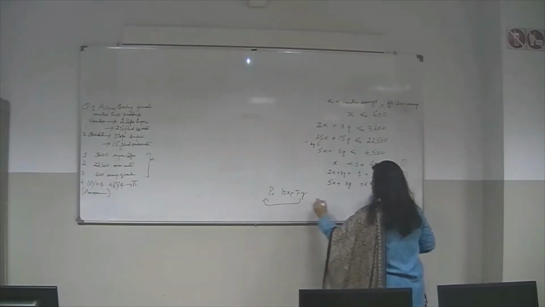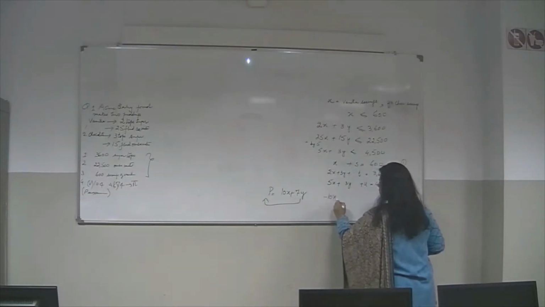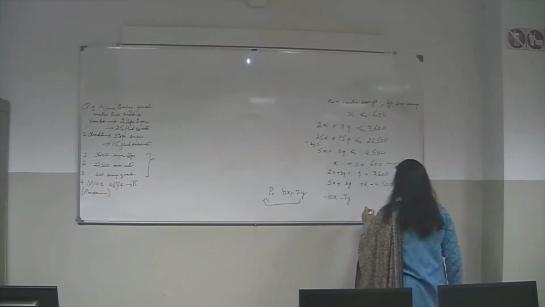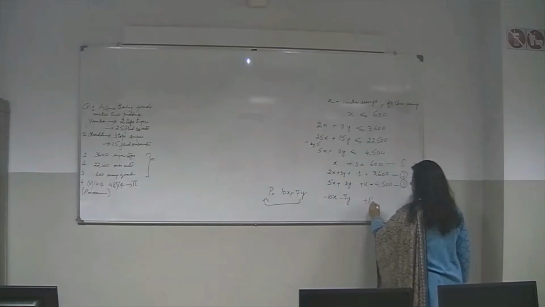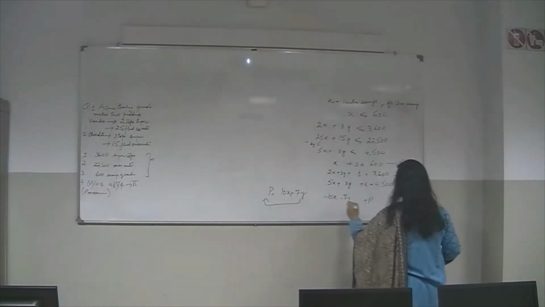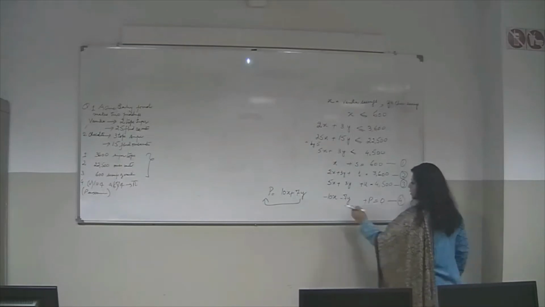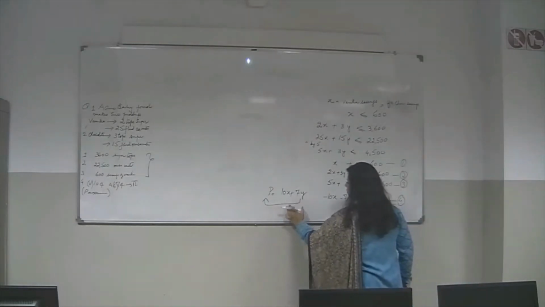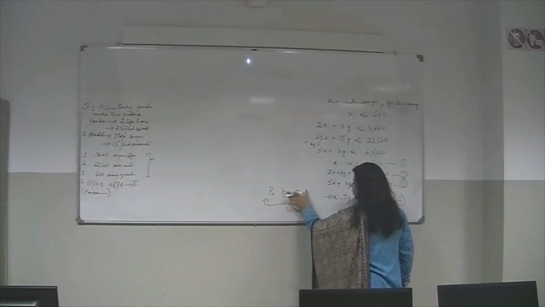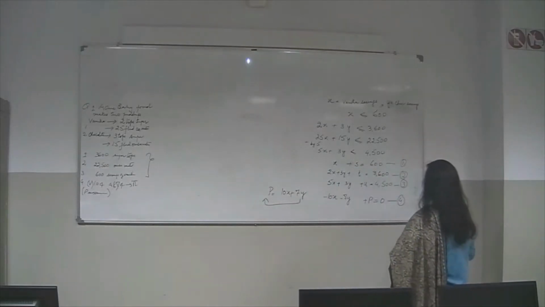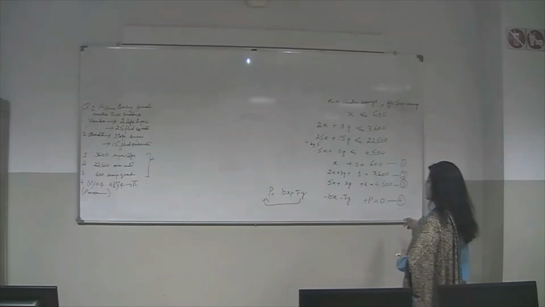Therefore, now minus 10x minus 7y, and plus p, is equal to 0, because if this is equal to this and we bring it to the other side, then this whole equation will be equal to 0. Okay, so now we have our constraints in order.